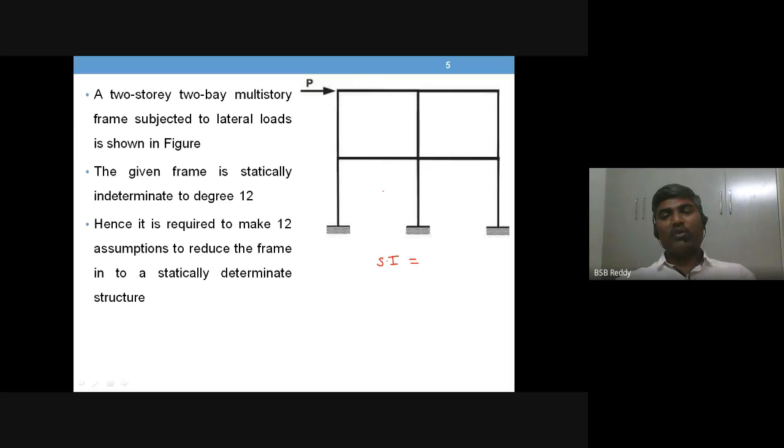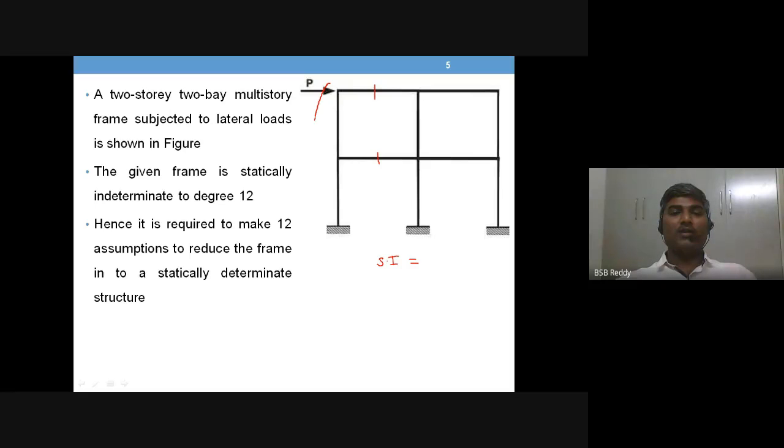The very simple way of finding the static indeterminacy of a building frame is to make the structure into simple cantilevers. So let us cut the frame here, cut the frame here.